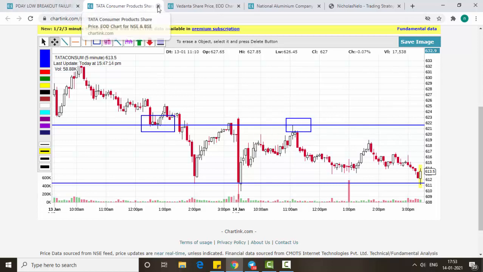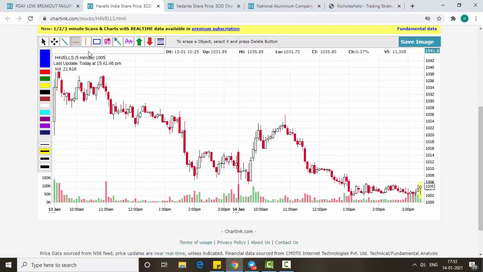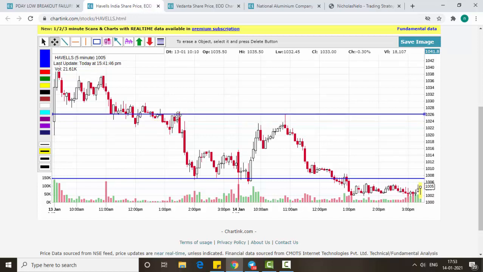And the next stock is Havells. This is the previous day low, and you can see once it's a breakout failure, it's a buy call, then it's going up. Here also you can see the target. So many candles are in this area.